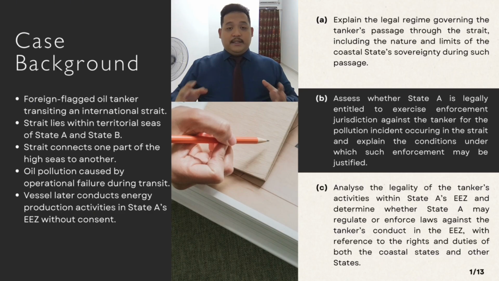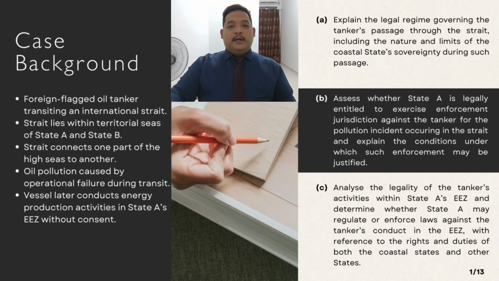This case involves a foreign flag oil tanker transiting through a narrow strait that lies within the territorial seas of two coastal states, State A and State B. The strait connects one part of the high seas to another and is regularly used for international navigation.